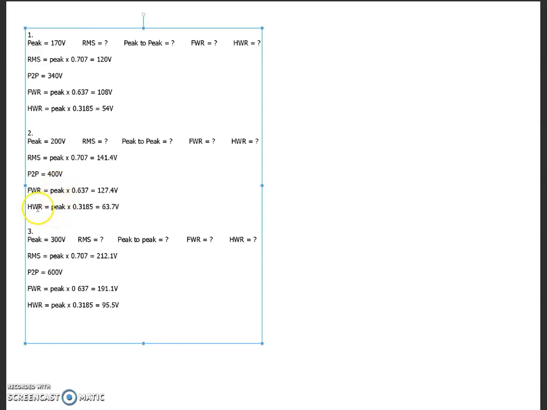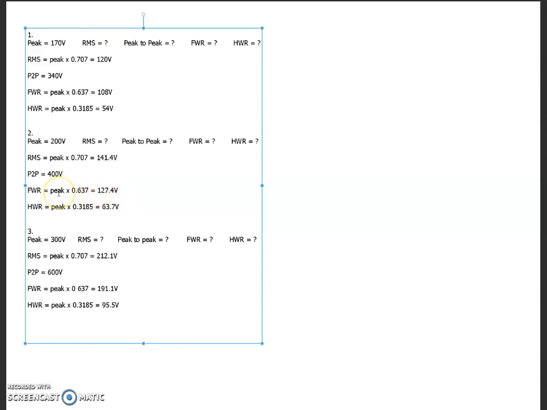So if I give you half wave rectified, you're looking at the ratio of 63.7 to 0.3185, or 63.7 divided by 0.3185. Same here. We just go backwards: 127.4, the ratio of 127.4 to 0.637, or 127.4 divided by 0.637, gives us the peak.